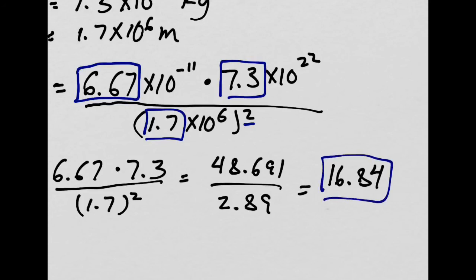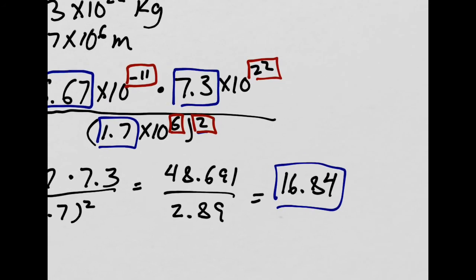So now we need to look at our exponents. We have negative 11, 22, and 6 squared. In our numerator, we have negative 11 and positive 22. In our denominator, we have 6 squared. When you square something, you multiply the exponent, so that's 6 times 2, which is 12.